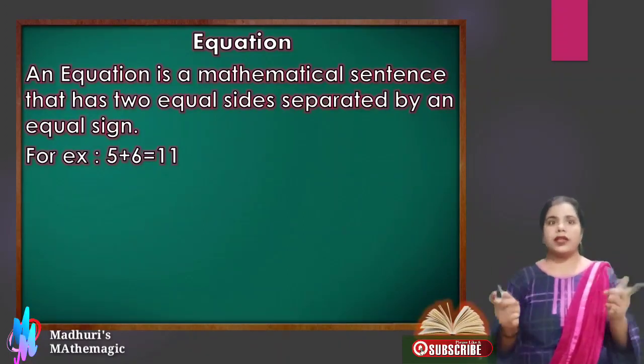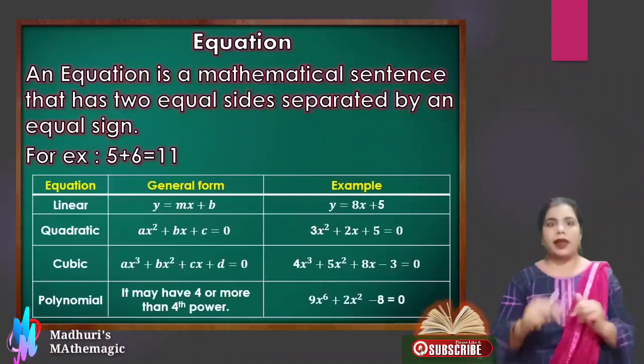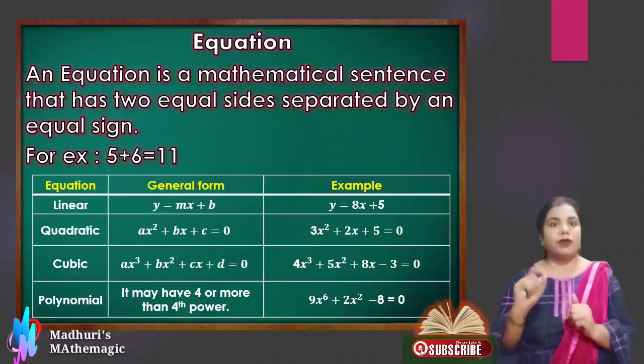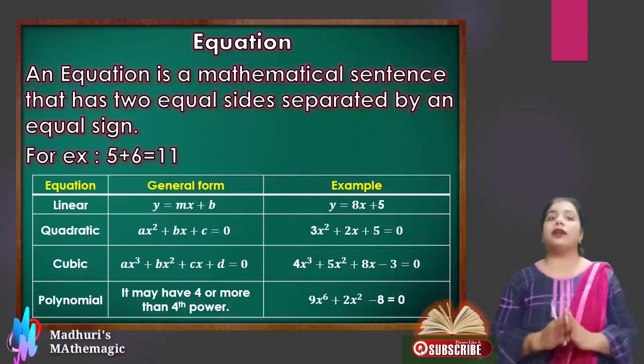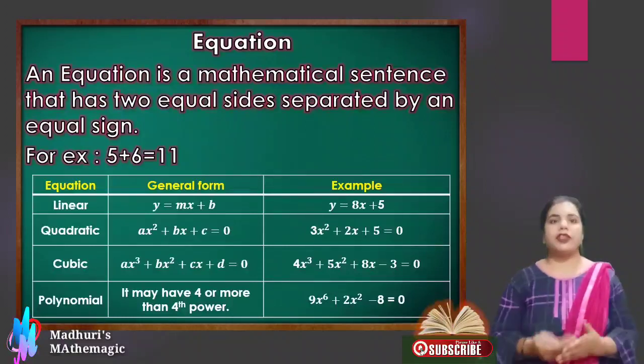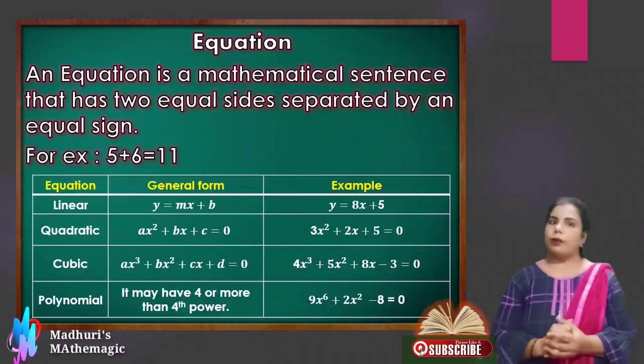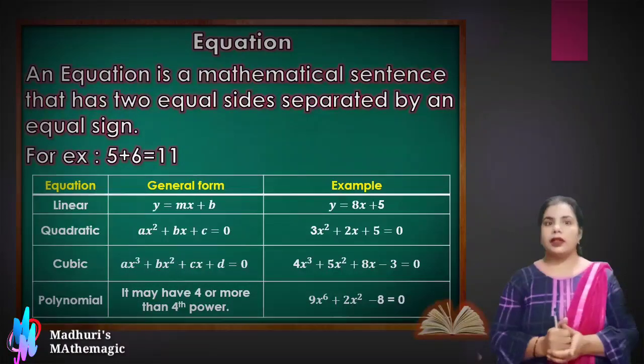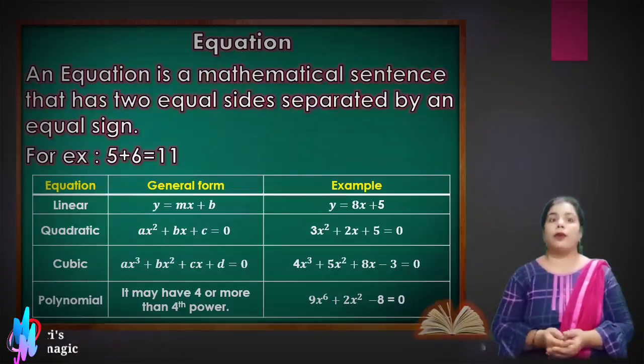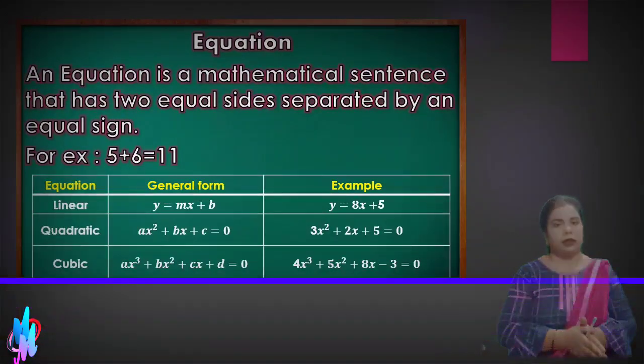So these both sides are equated by an equal sign. Okay, there are different types of equations: linear equation, quadratic equation, cubic equation, and if more than 3 degree, then it is a polynomial equation. So are you getting this one? In my next video, I am going to tell you about the equation in detail.